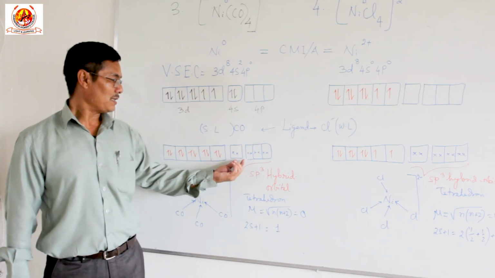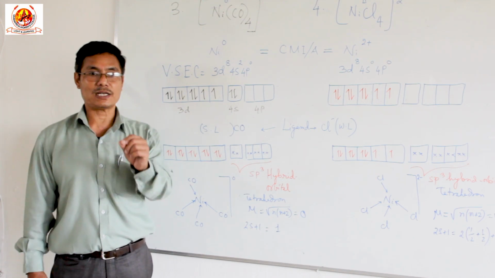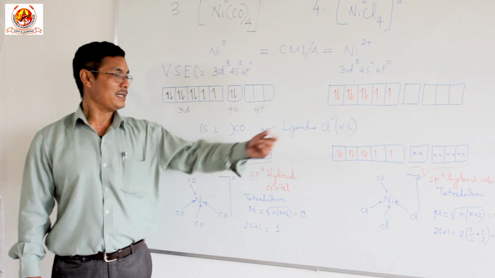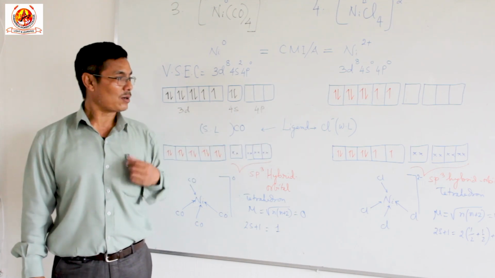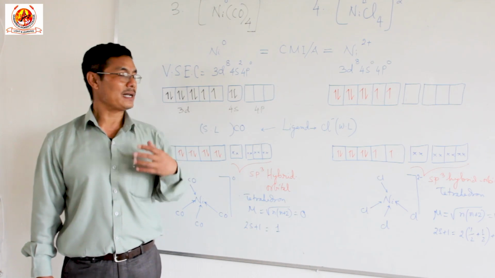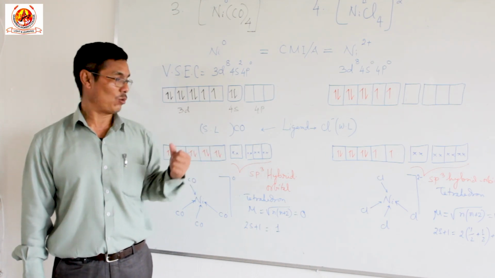Here the cross mark I have shown represents the electron pair donated by the ligand CO. In the right one, the cross mark also represents the electron pair donated by the ligand Cl, that is chloride, which we can call chloro.